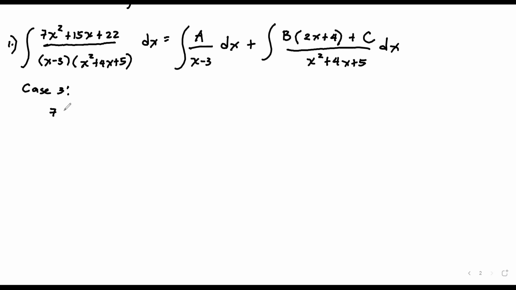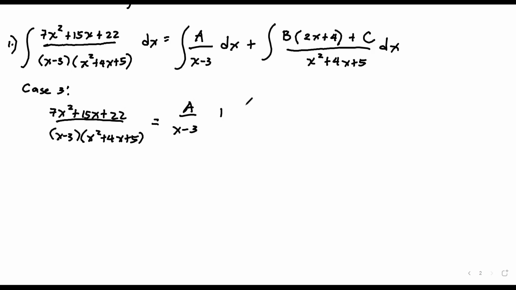So copy the given without the integral symbol, 7x squared plus 15x plus 22 over x minus 3 times x squared plus 4x plus 5 equals a over x minus 3 plus b times 2x plus 4 plus c over x squared plus 4x plus 5.